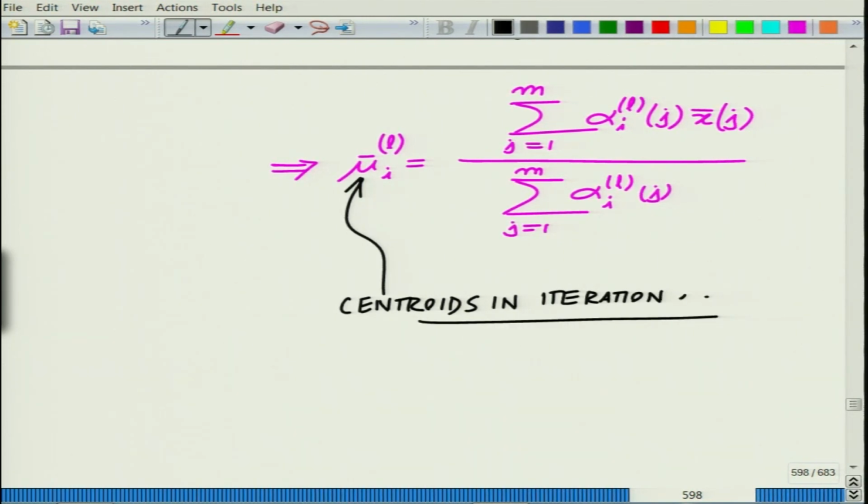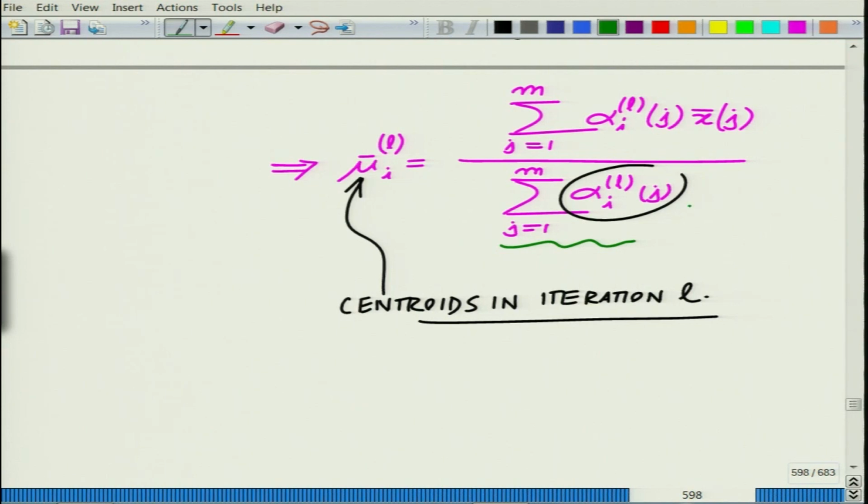Centroids in iteration l, and if you look at this, you will observe something interesting. Remember, alpha_ij equal to 1. Let me write this a little more clearly.